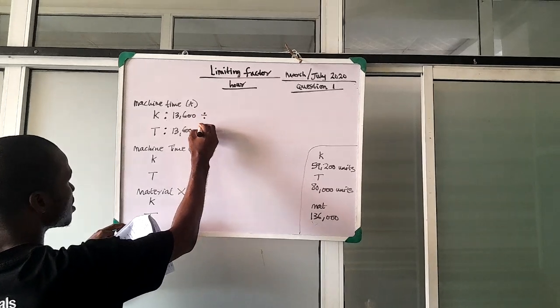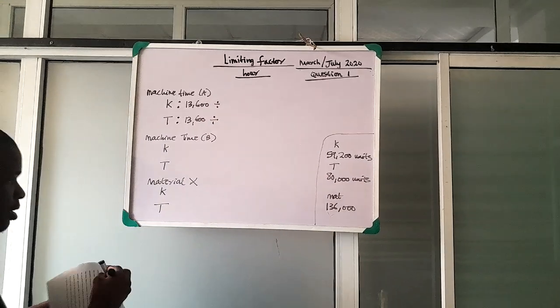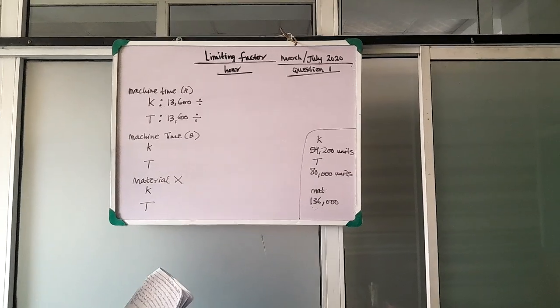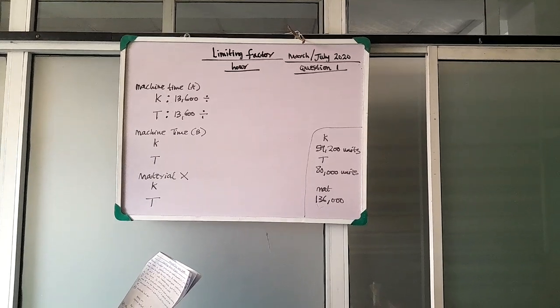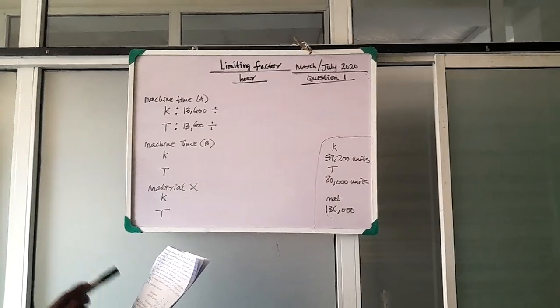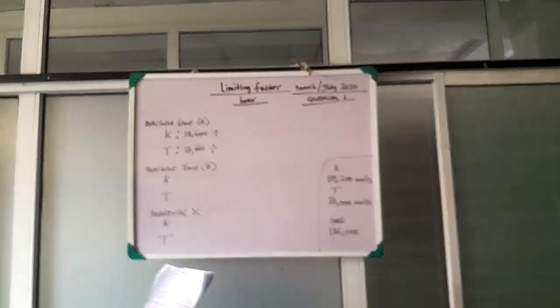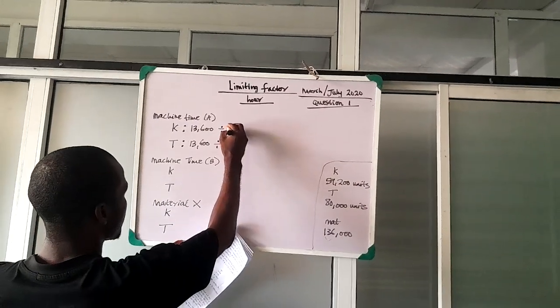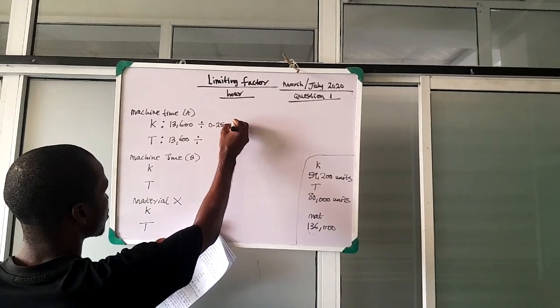Clearly here they told us that under K we have line A, which is 0.25. So I'll divide this by 0.25.